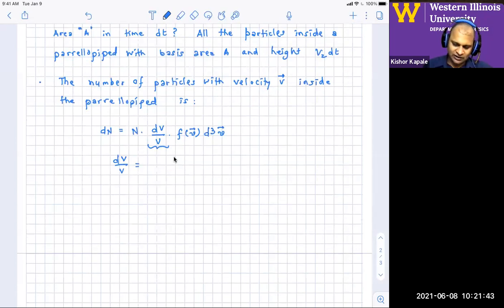So it's a fraction of the total volume occupied by the parallelepiped, right? So what's a parallelepiped?